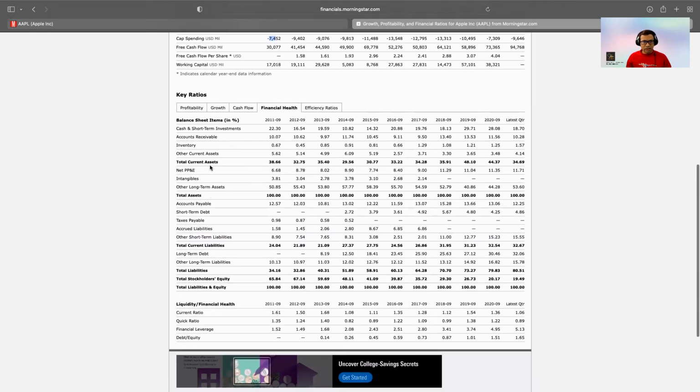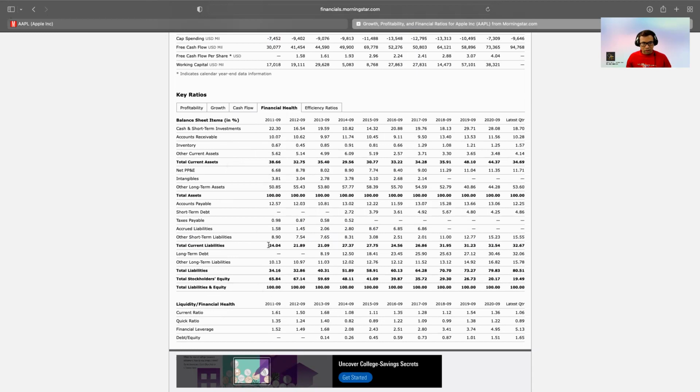Basically, all of this is in terms of the total asset, which is 100%. So current asset is 38, and long-term asset is 50. So current asset is 38% of the total asset. And also the liability and equity is 100.